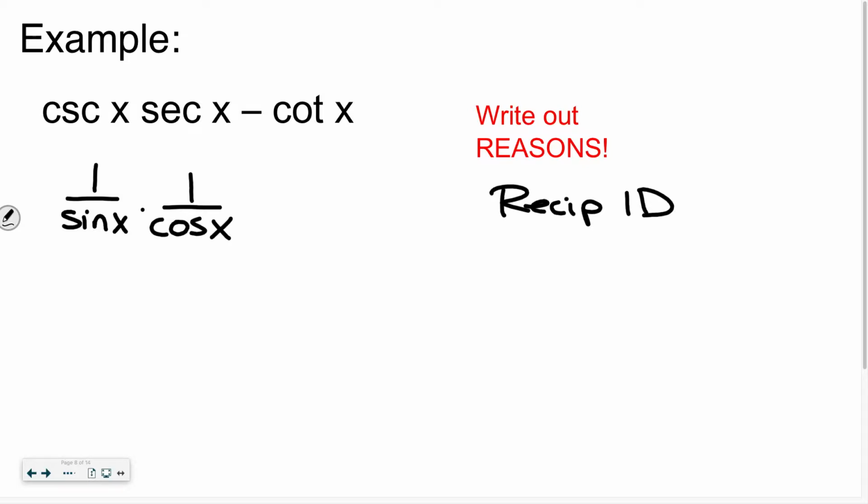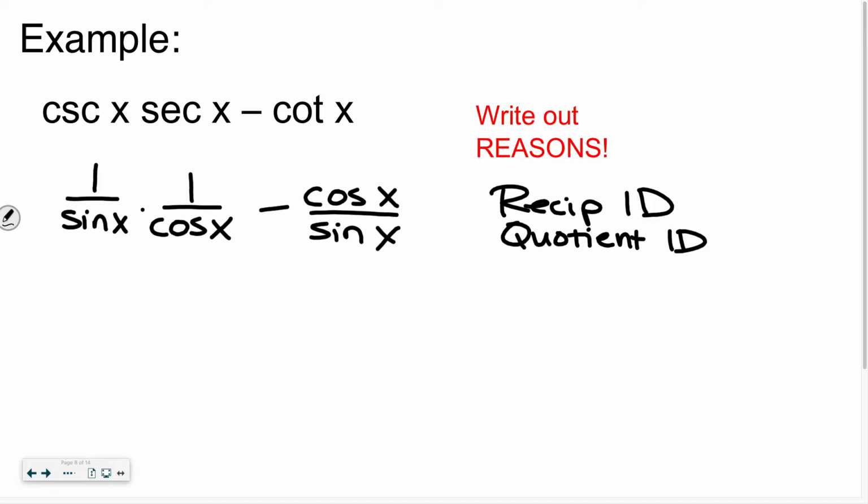I encourage you on your homework and on your quiz, I'm going to ask you to write out your reasons. And what can we do for cotangent x? Cosine over sine. So cosine x over sine x. So with reciprocal identity, I'm also going to write quotient identity. So you might do a couple of things at once if they're not too terribly confusing.